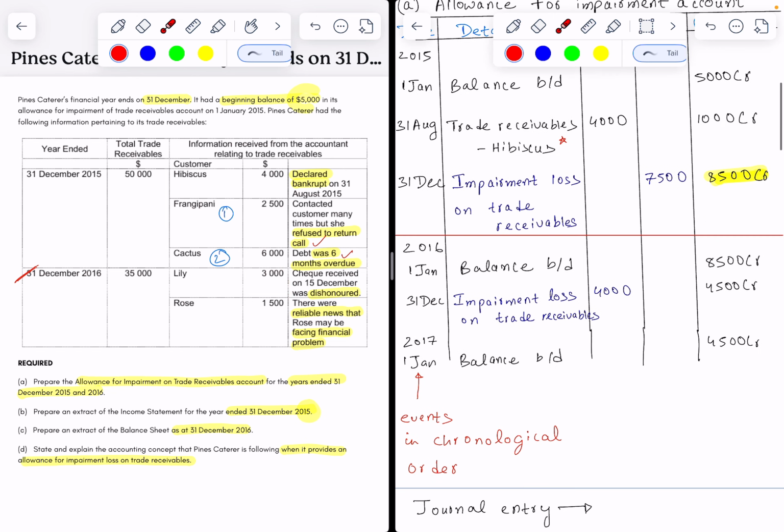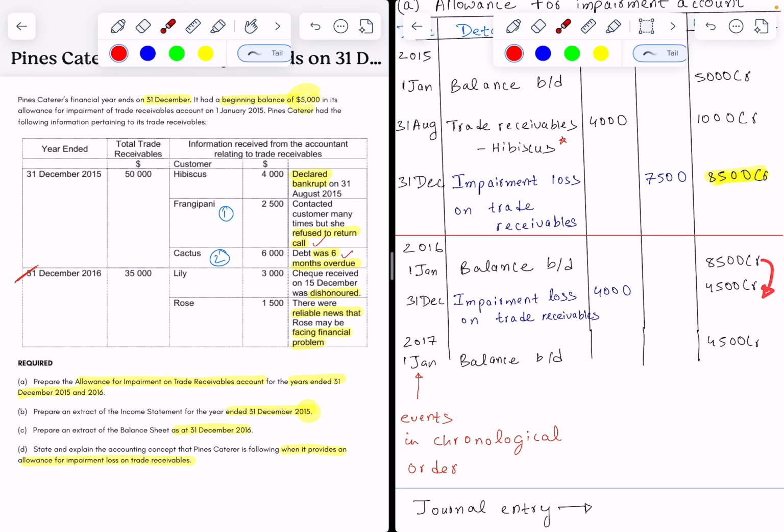At the moment, there are significant uncertainties regarding collecting this amount, and the allowance for impairment account, being a contra asset account which records the probable amount that we may not recover from our credit customers, will therefore have an ending balance of $4,500 based on the amounts owed by Lily and Rose and the fact that both of these customers are not doing well financially. So from 8,500 credit opening balance, going down to 4,500 credit is actually a good thing, because now the allowance is going down.